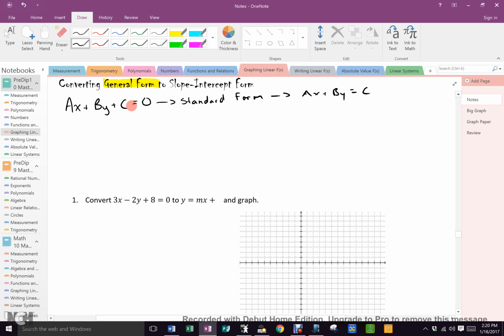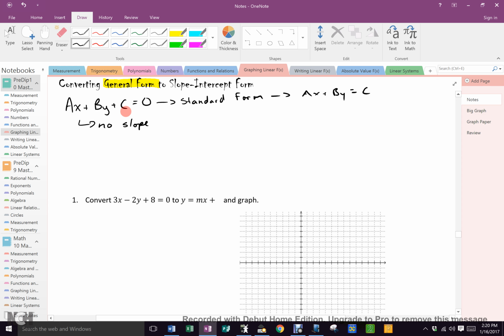But what's not in general form? What letter have we been using a lot this unit that isn't in the general form? M. General form and standard form, they have no slope. You cannot use them for slope unless you move them around. Does everybody understand that?